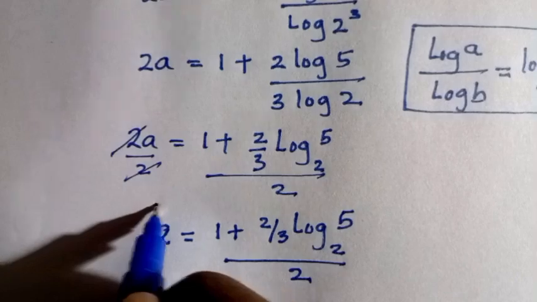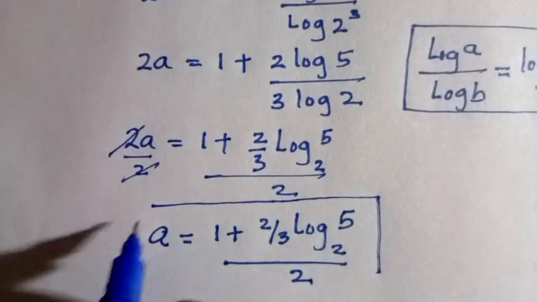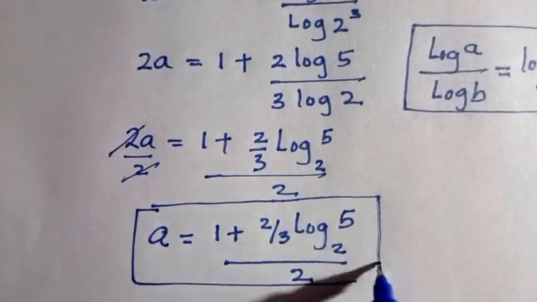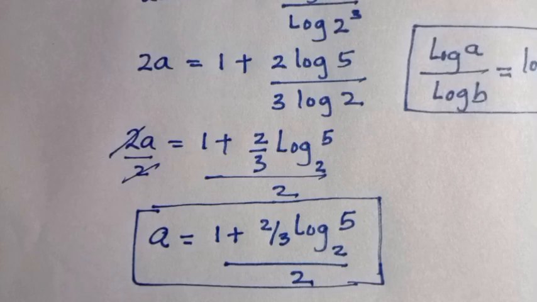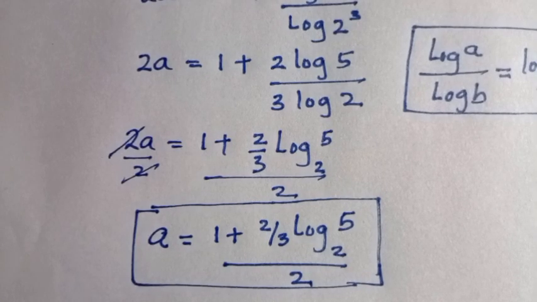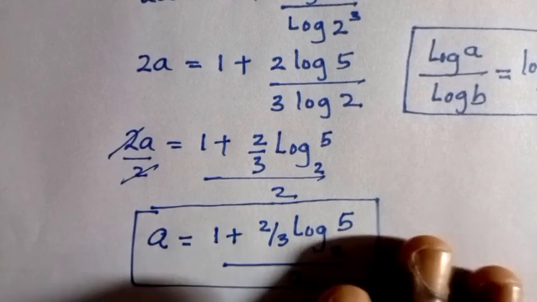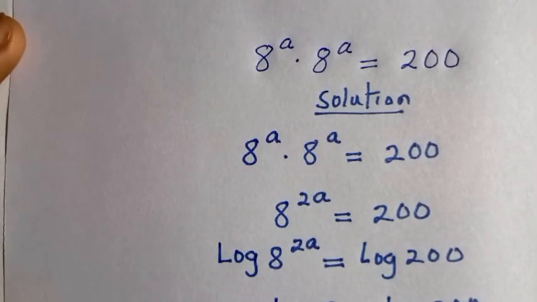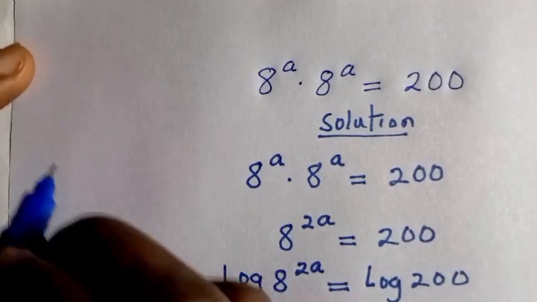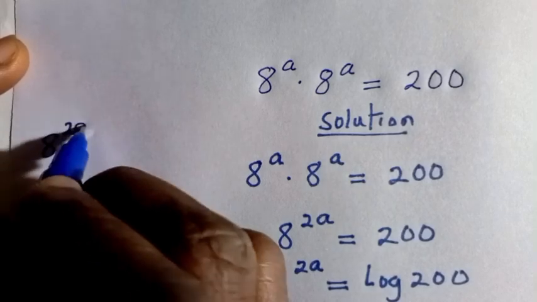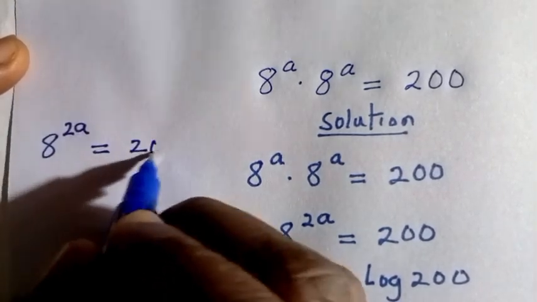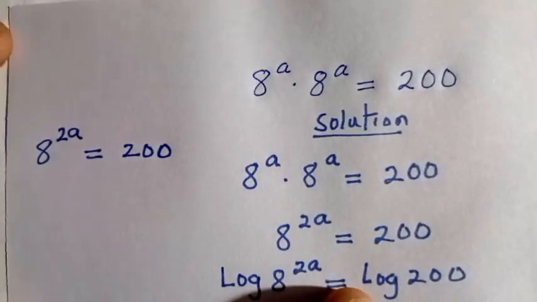And this is the result for the value of a. Now we are going to check in the given question if this is truly equal or not. Suppose we are given 8 to the power a, which is just like 8 raised to power 2a equals 200.